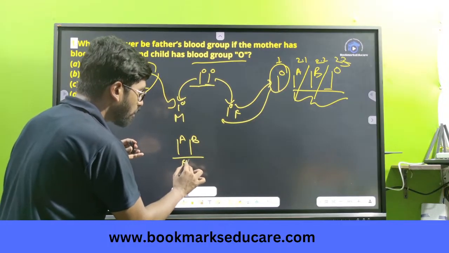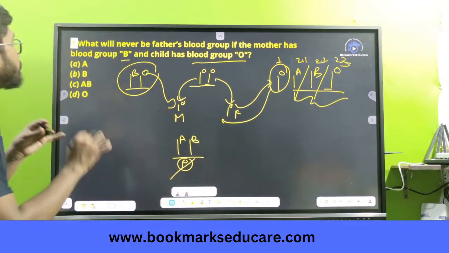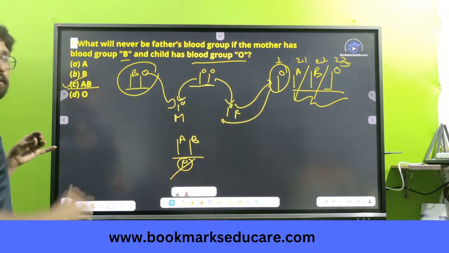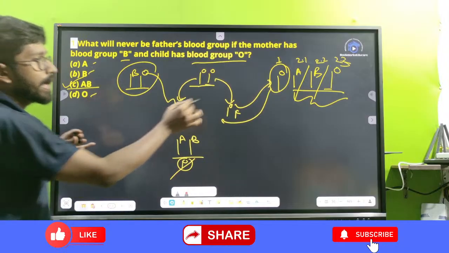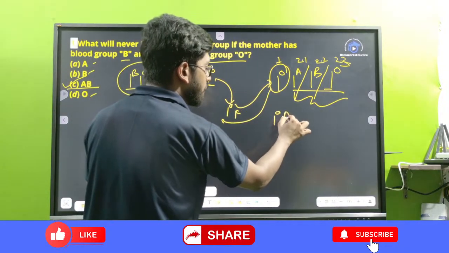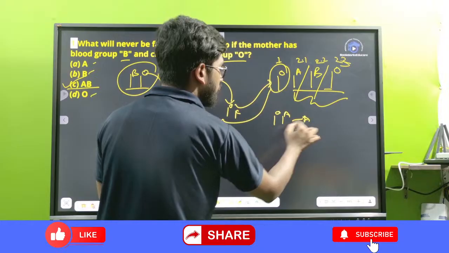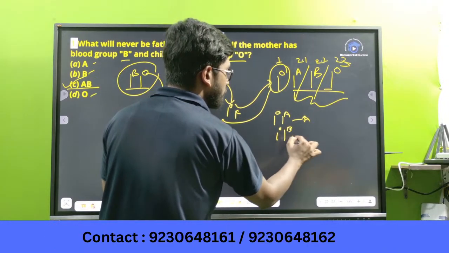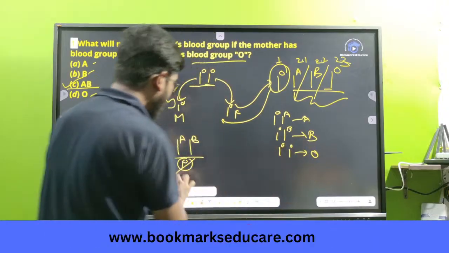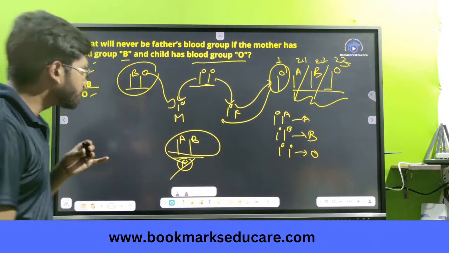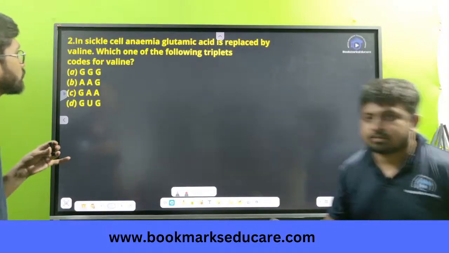Because there is no IO, so father can never be AB. He can be A, B or O, as we saw: IO, IA for A, IO, IB for B, and IO for O, but can never be AB. Let's move on to the next question.